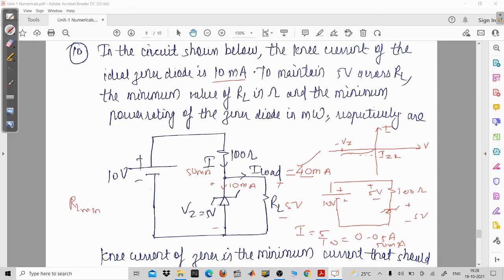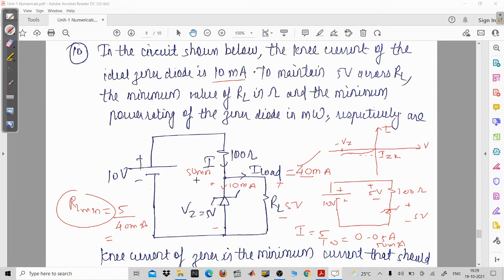RL minimum will be equal to 5 volt, and 5 volt is constant because your Zener diode has reached the breakdown voltage, so 5 upon 40 milliampere. In this case, you will get the value of RL minimum.